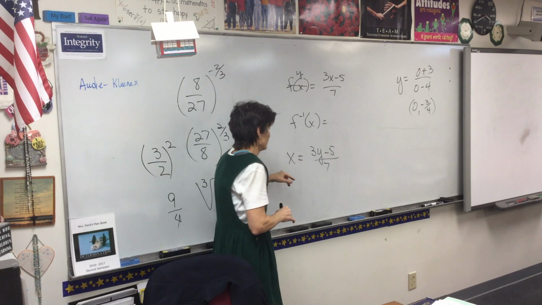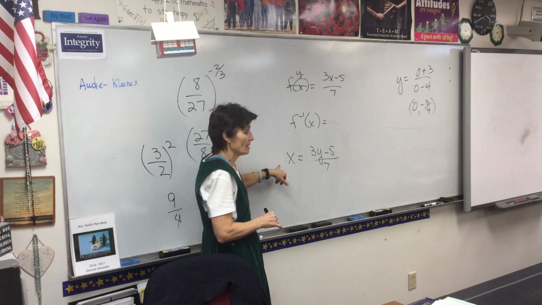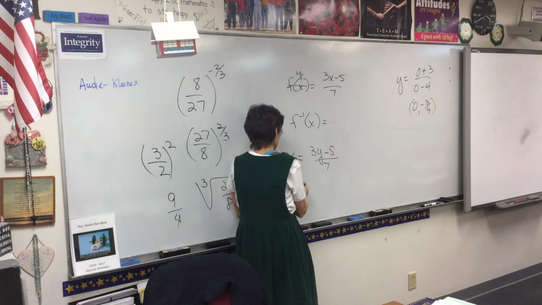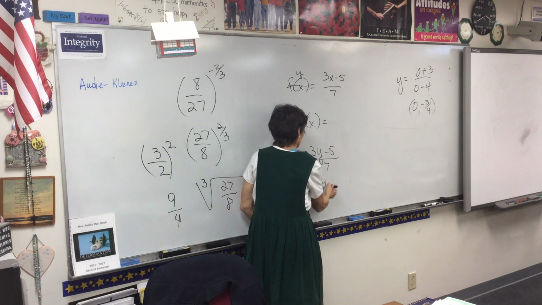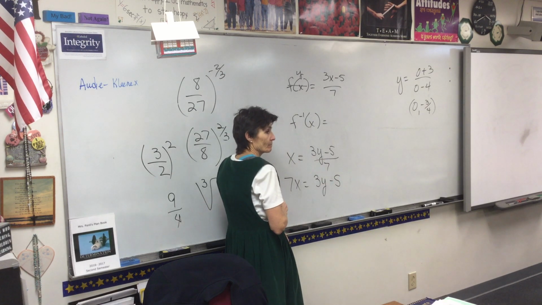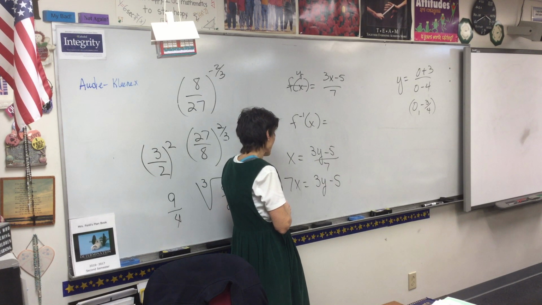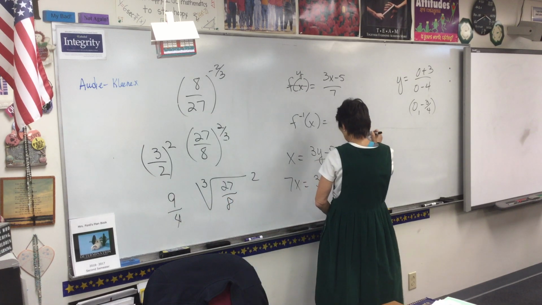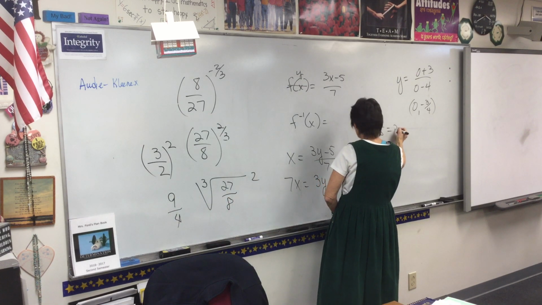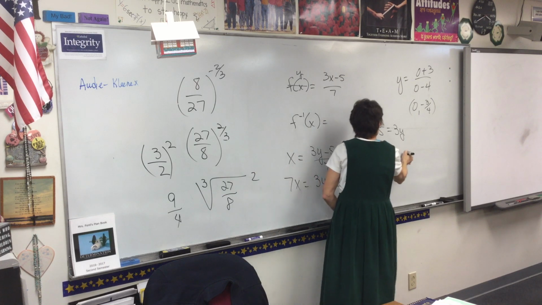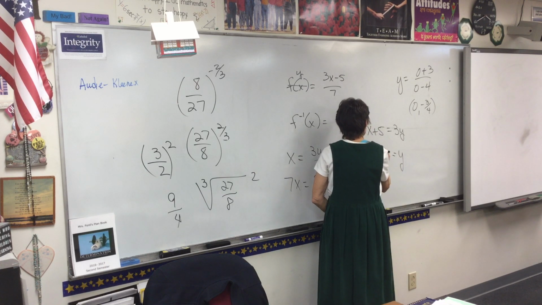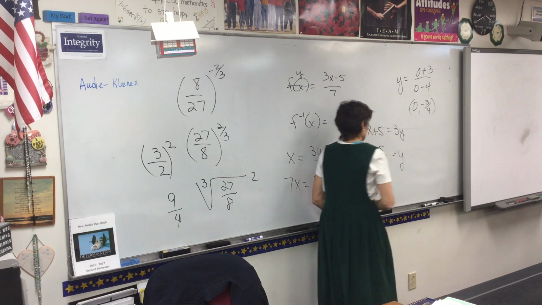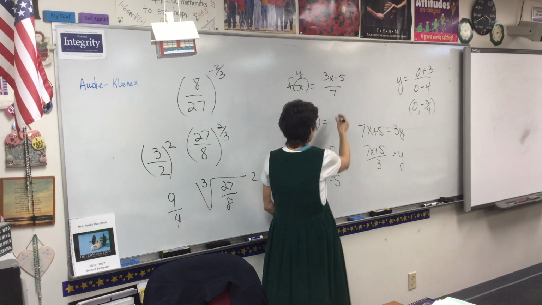Now, solve for y. So we'll multiply by 7. Add 5. And divide it all by 3. So that is the inverse.